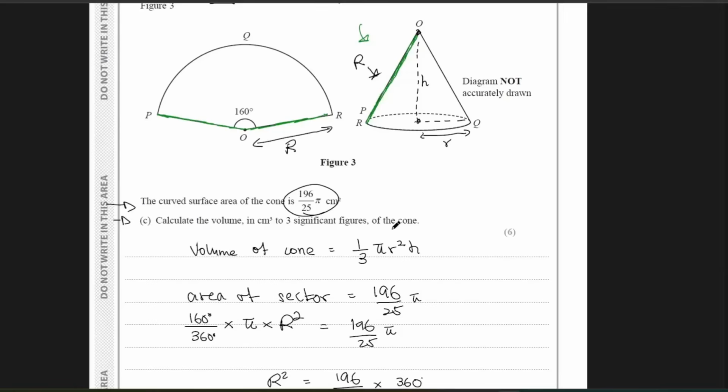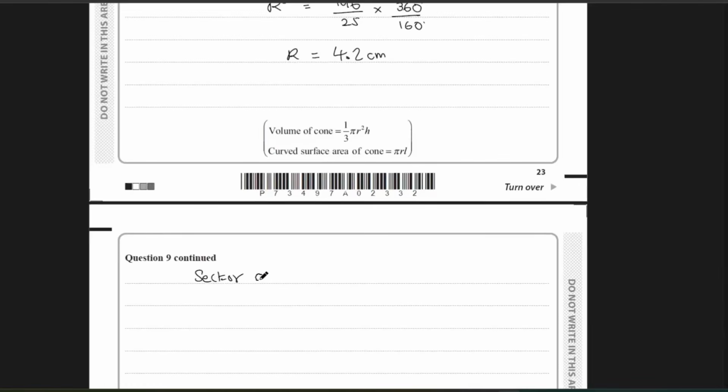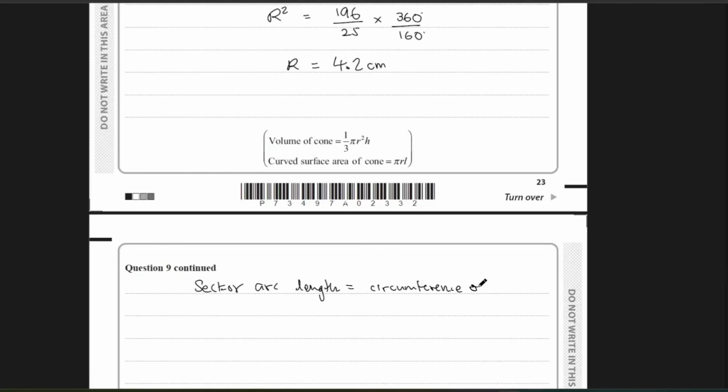We still need to find the radius of the base of the cone. There's another thing we can link between the sector and the cone. The curved arc length of the sector is the same as the circumference of the base of the cone. So we can link those two: sector arc length is equal to circumference of the base of the cone.